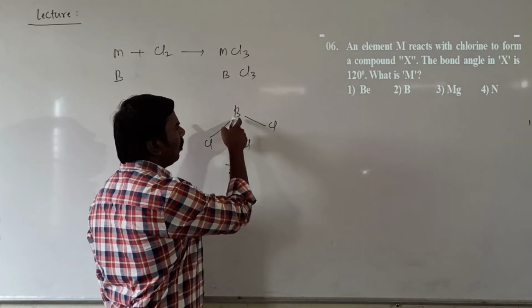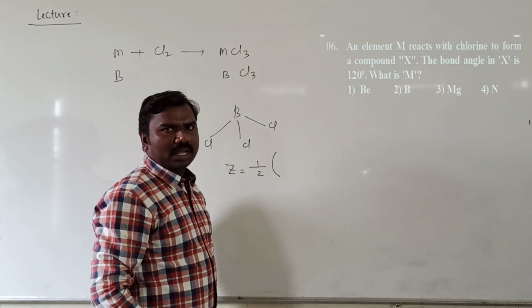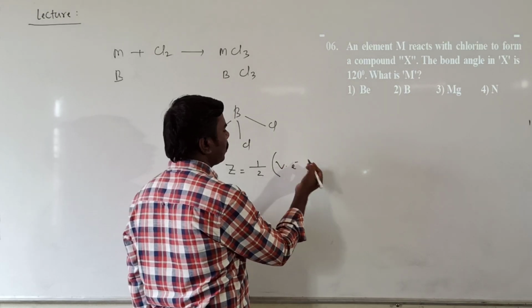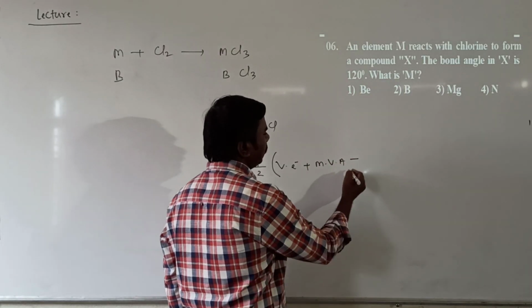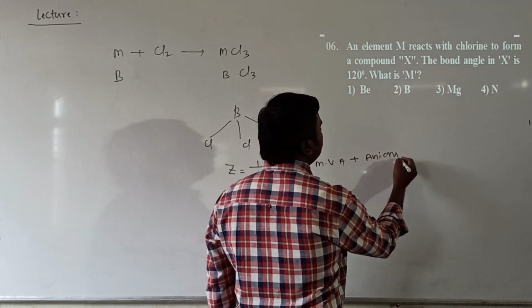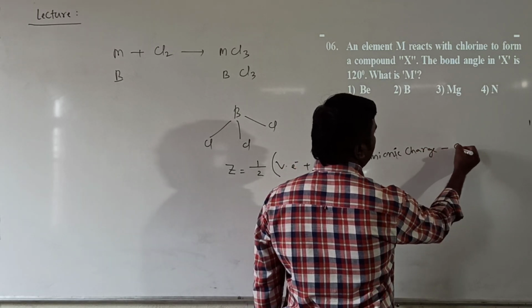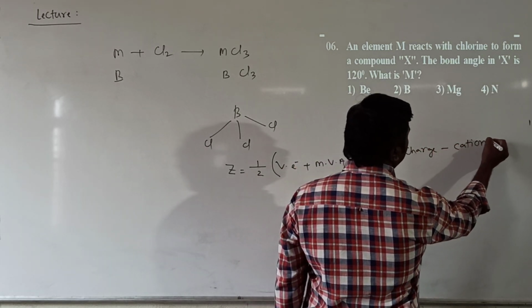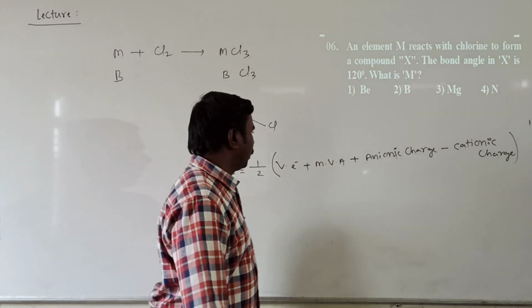Z equals half into the number of valence electrons plus monovalent atoms, plus anionic charge, minus cationic charge. This is the formula to identify the hybridization.